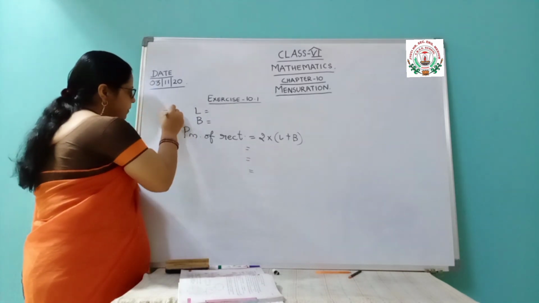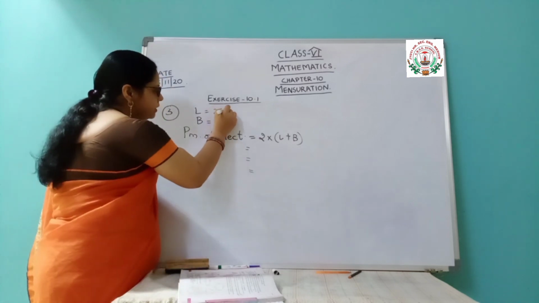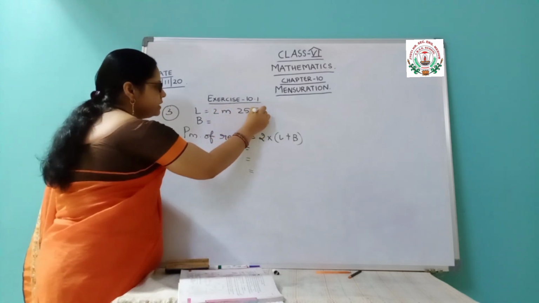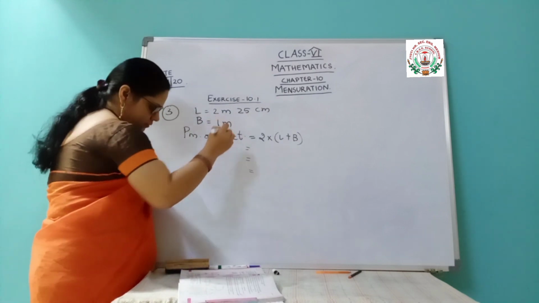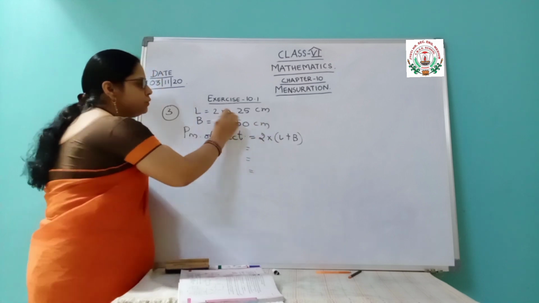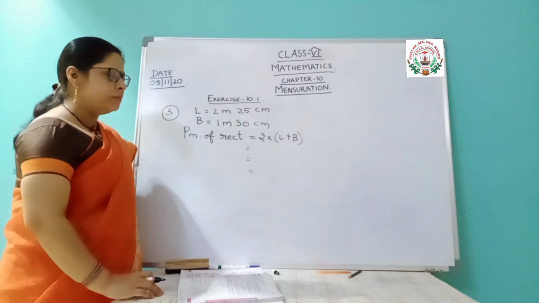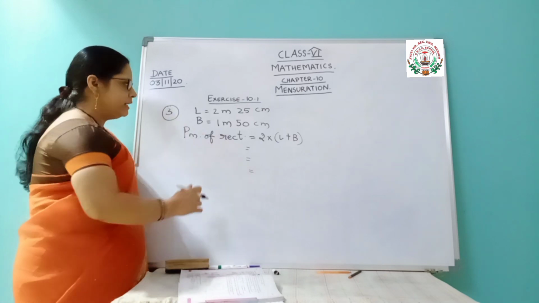Length is given as 2 meter 25 centimeter and breadth is given as 1 meter 50 centimeter. So here two units are given, meter and centimeter. So in that same way you will take and do the addition.